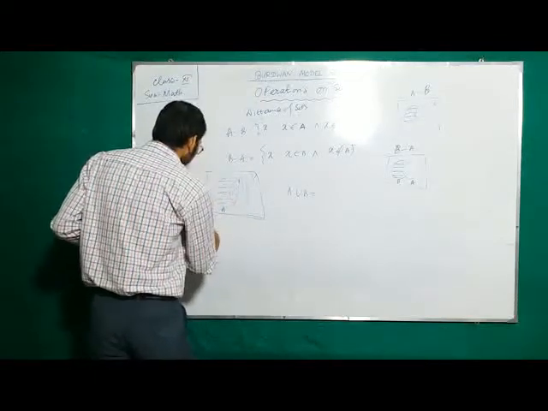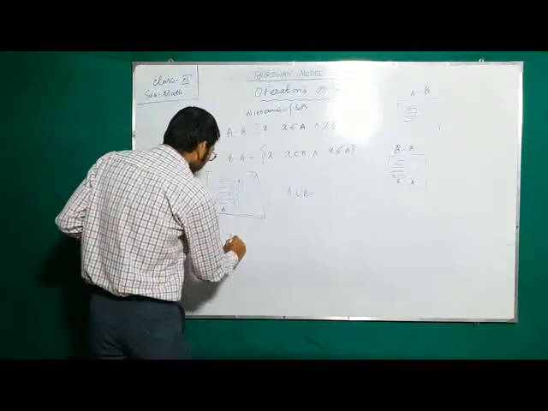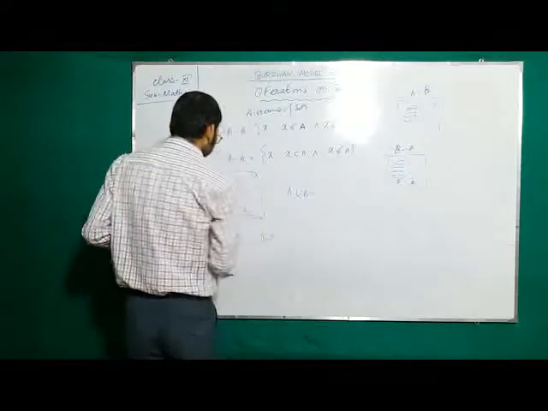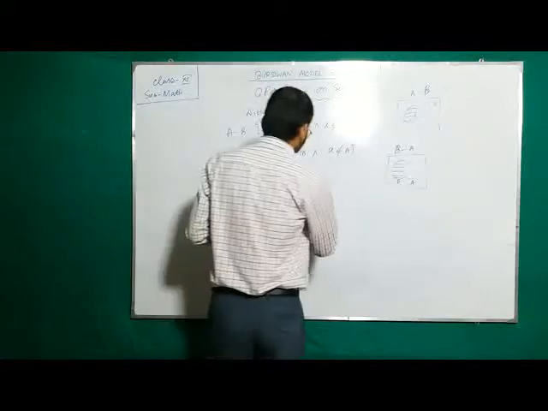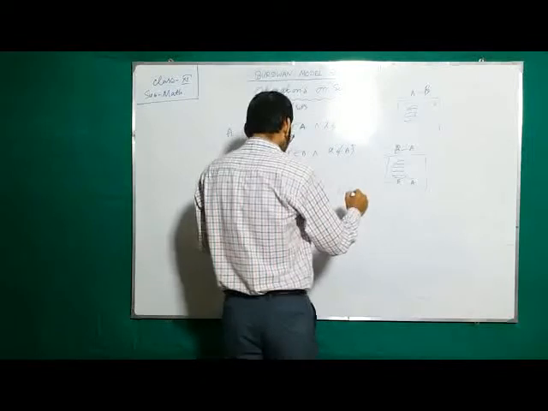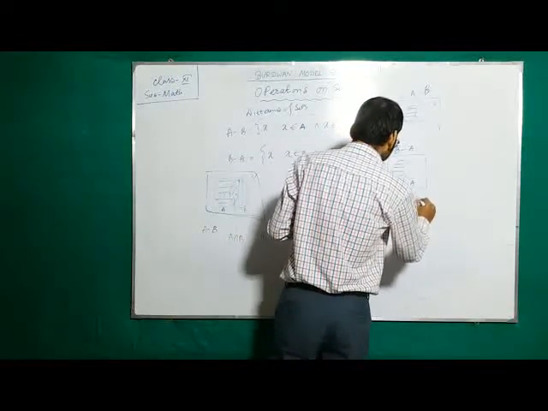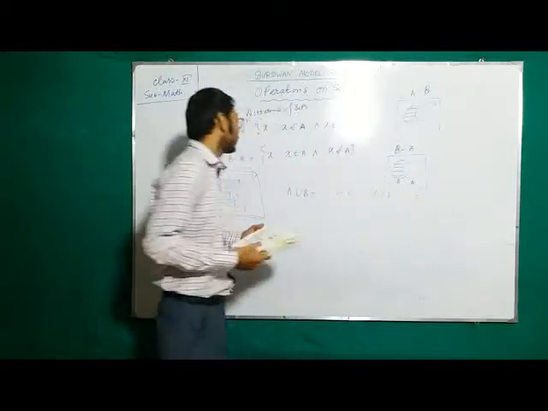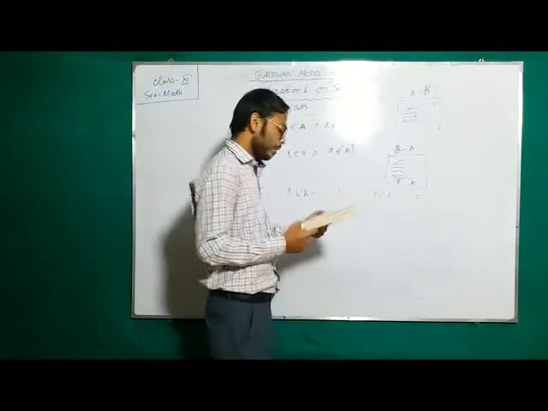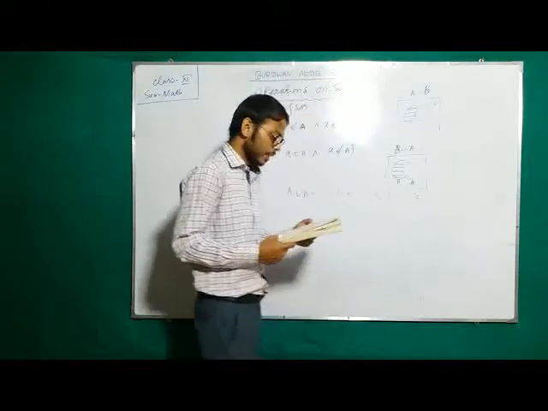The first one is A minus B, the second one is A intersection B, and the third one is B minus A. So A union B equals A minus B union A intersection B union B minus A.